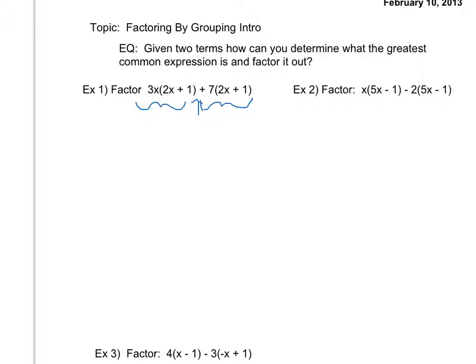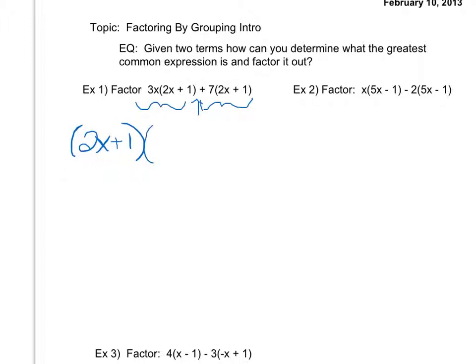So I need to find out, what do these 2 terms have in common? Well, notice they both have not just a 2x or not just a 1 in common, but the entire binomial 2x plus 1. So just like when we factored out GCFs before, I'm going to take that binomial and put it out front. Because it is already in parentheses, I'm going to keep it in parentheses to show that it was originally grouped together as a binomial 2x plus 1.